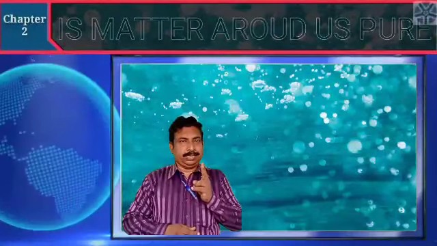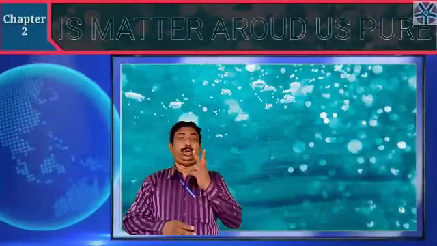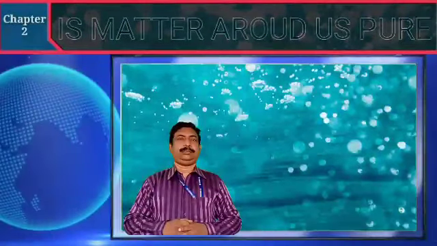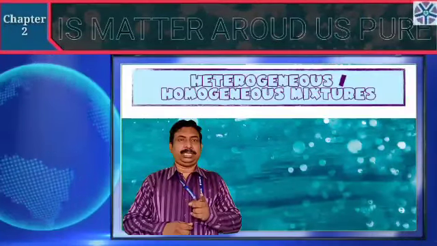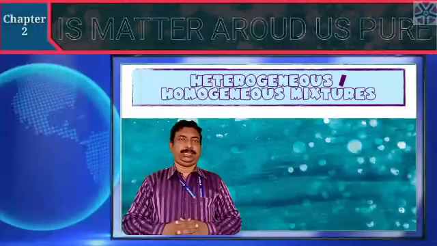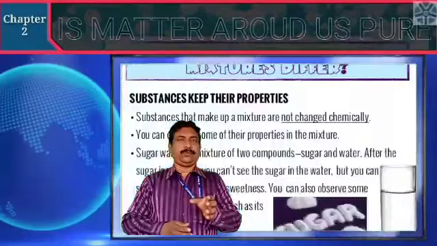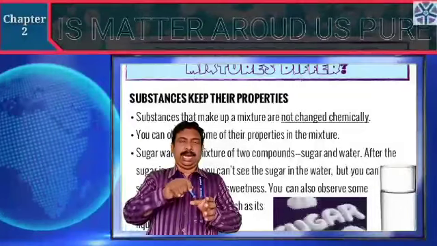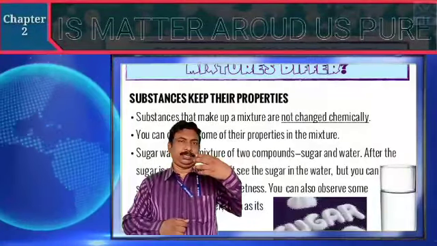Now we are going to discuss the mixtures. There are two different types of mixtures: homogeneous mixture and heterogeneous mixture. Take one glass of water, add sugar, stir it and try to see it.